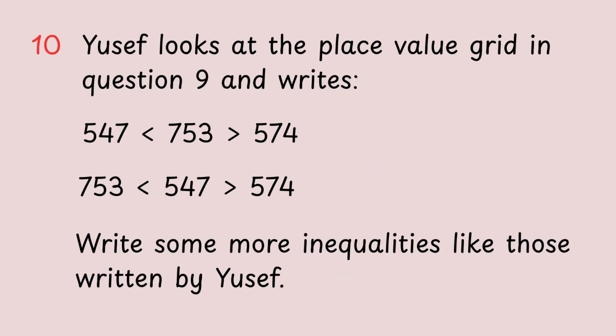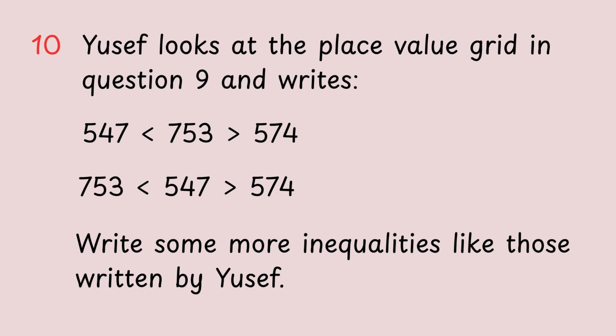Question number 10. Yusuf looks at the place value grid in question 9 and writes 547 less than 753 greater than 574, 753 less than 547 less than 574.